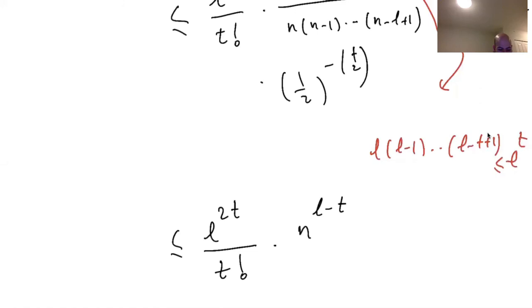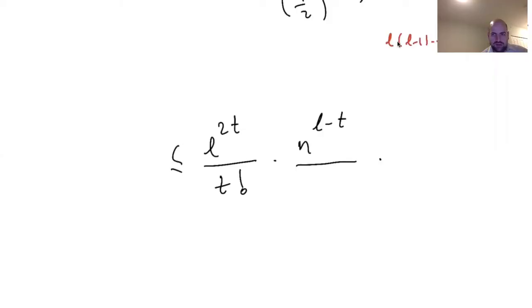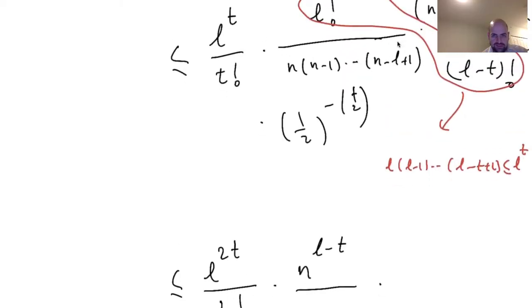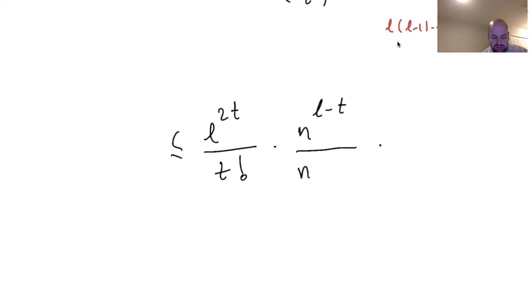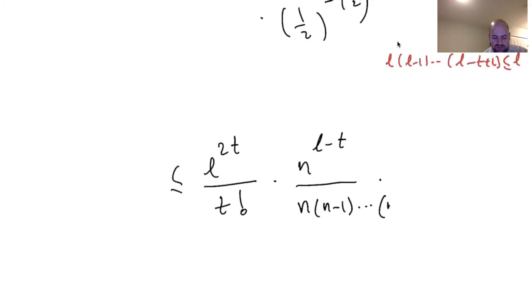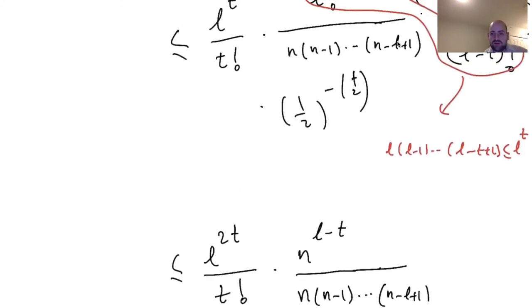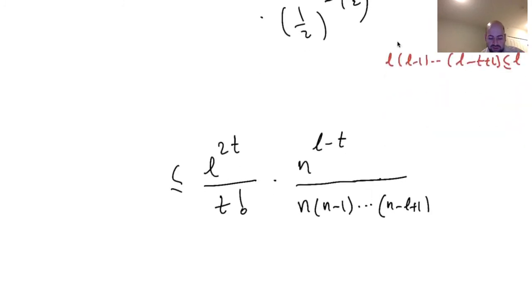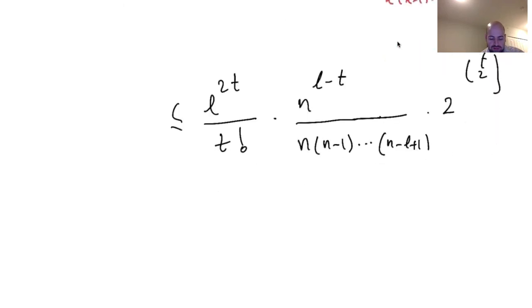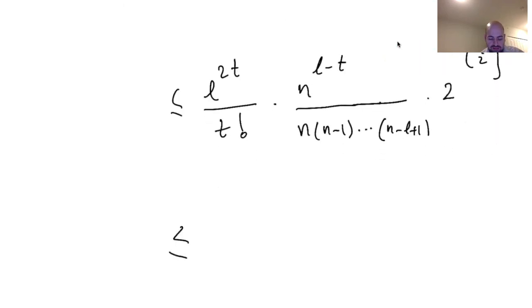And then divided by this expression that we have here, n times n minus 1 to n minus L plus 1. And then we have 1/2 to the power minus t choose 2, which I can of course write as 2 to the power t choose 2. And then this is less than or equal to L to the power 2t, n to the power L minus t.